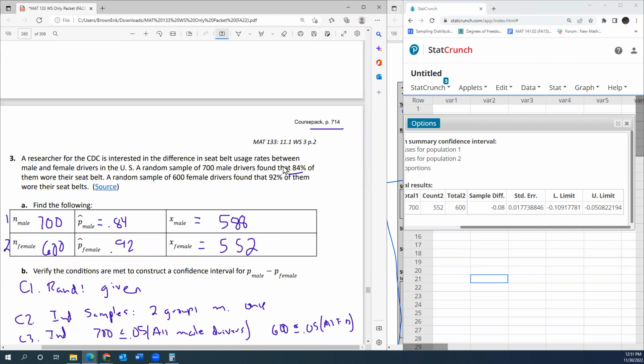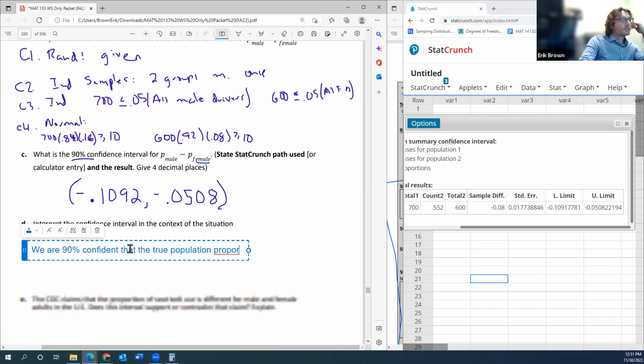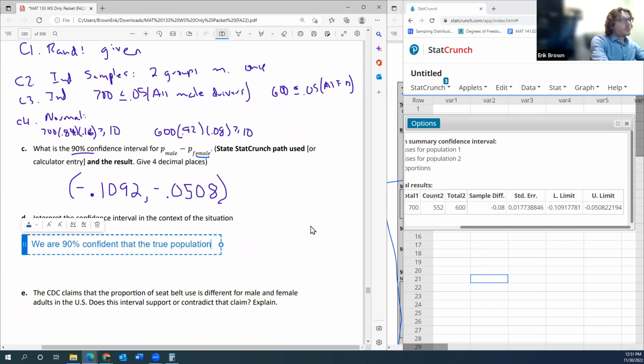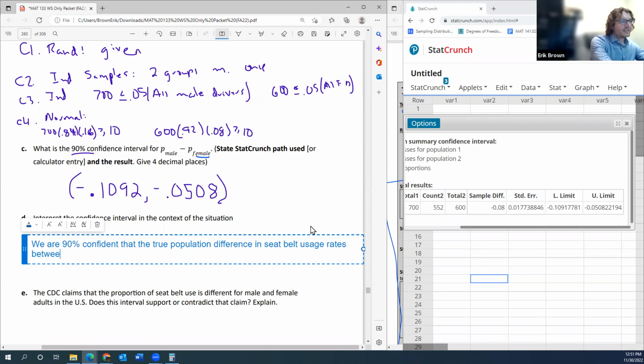People use rates between males and females. The true population difference in seat belt usage rates between males and females is within, and you don't have to write it exactly like this, negative 0.102 and negative 0.0508.